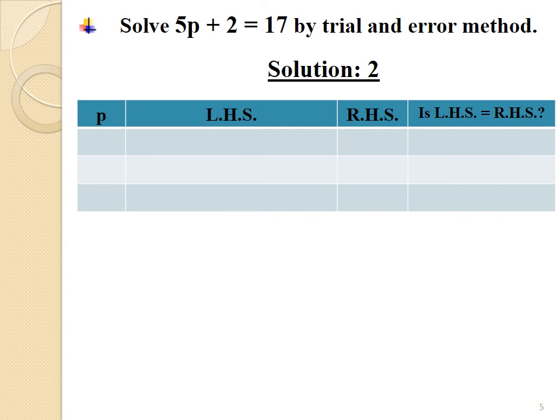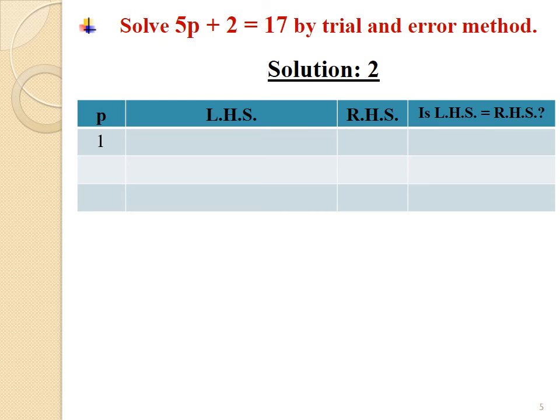Now, example 2. Solve the equation 5p plus 2 equals 17. Let us take P equals 1. Now, let us write 1 in place of P and multiply 5 by 1. Then add 2 to the product of 5 and 1.